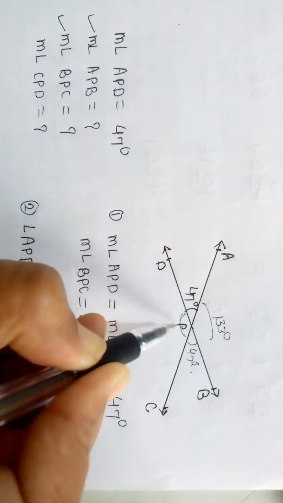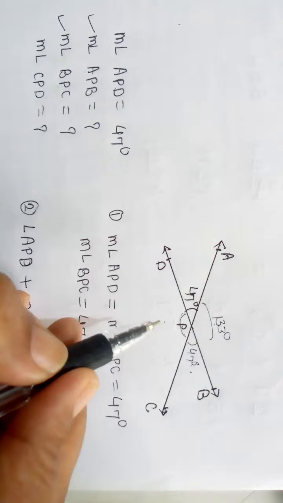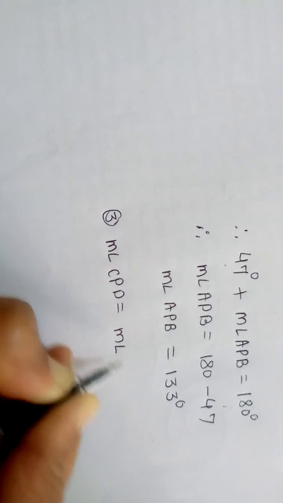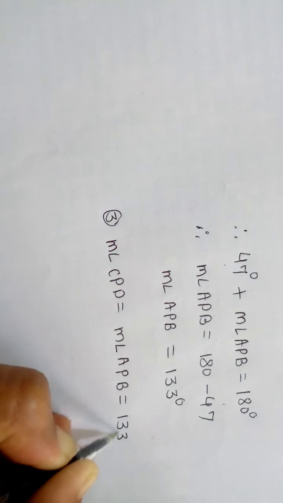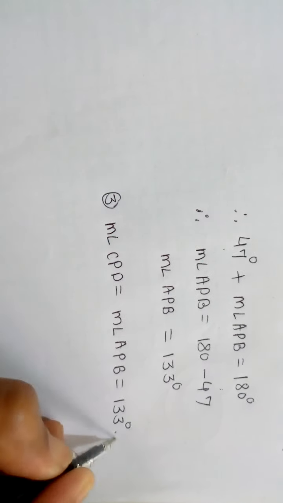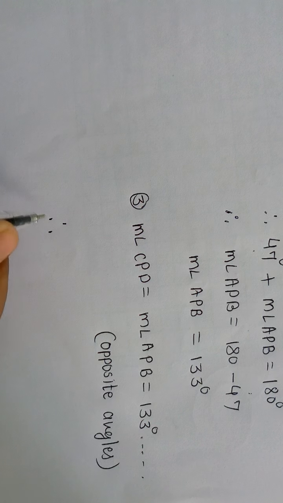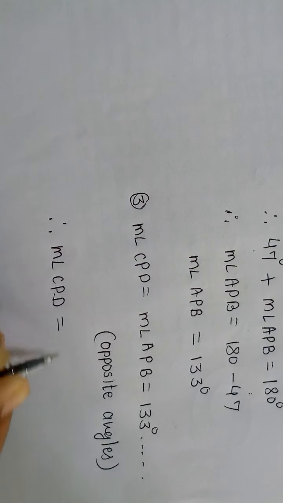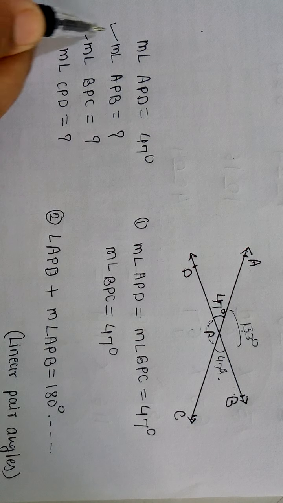Now this is the opposite angle of this angle, so it will also be 133 degrees. So now here we will write measure of angle CPD is equal to measure of angle APB is equal to 133 degrees. Why? They are opposite angles. Therefore measure of angle CPD is equal to 133 degrees. So we got all these three angles.